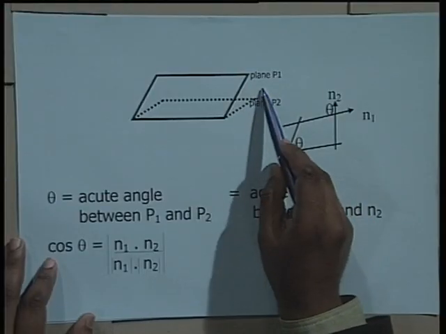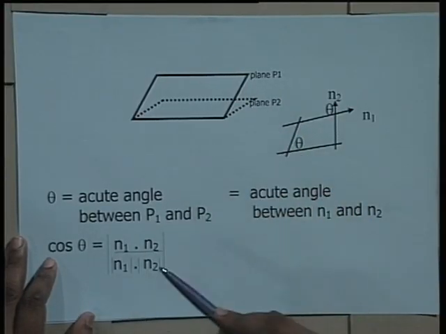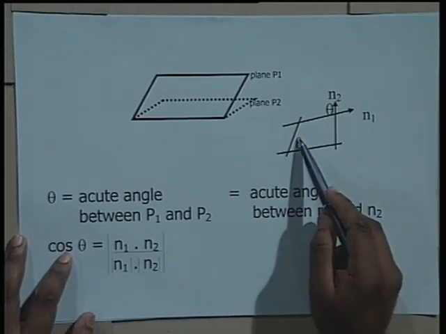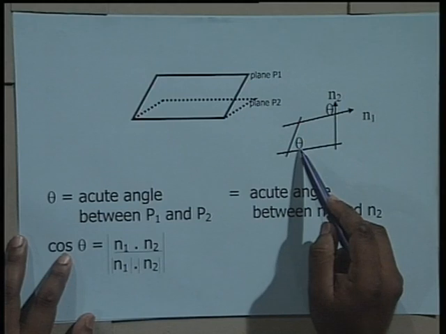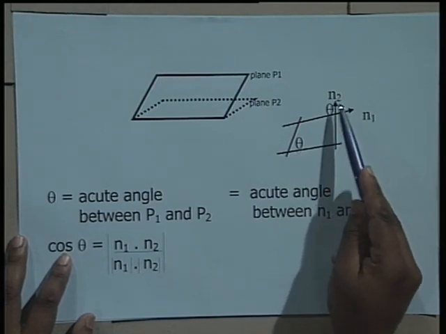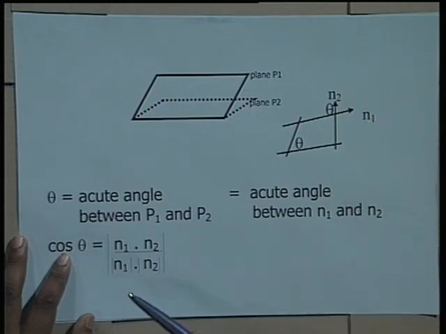It is also very important to be able to find the angle between two planes. Suppose that we have two planes, P1 and plane P2. Then the acute angle between plane P1 and P2 would be equal to the acute angle between n1 and n2.